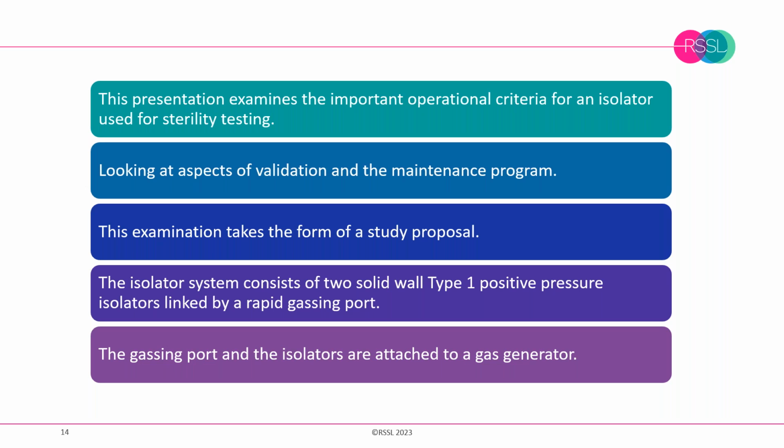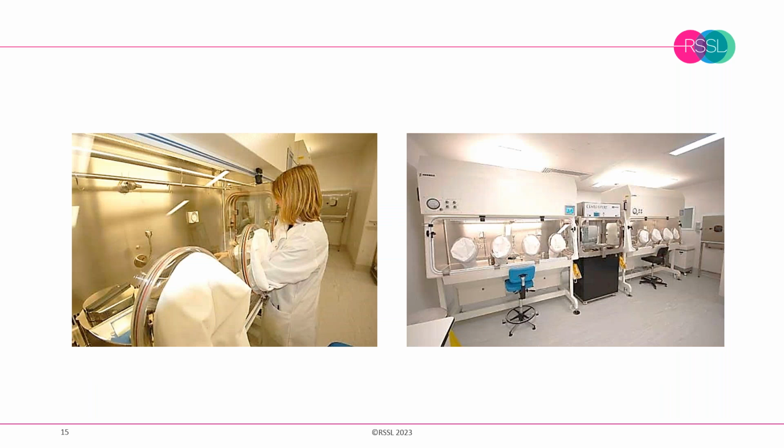So the objective of the gassing port is that it gives a smaller space for the decontamination of items, which can then be passed into bigger isolators, which only need to be decontaminated at a lower frequency, say once a week, provided that the grade A conditions are maintained. And there's also, as part of the setup, a gas generator as well.